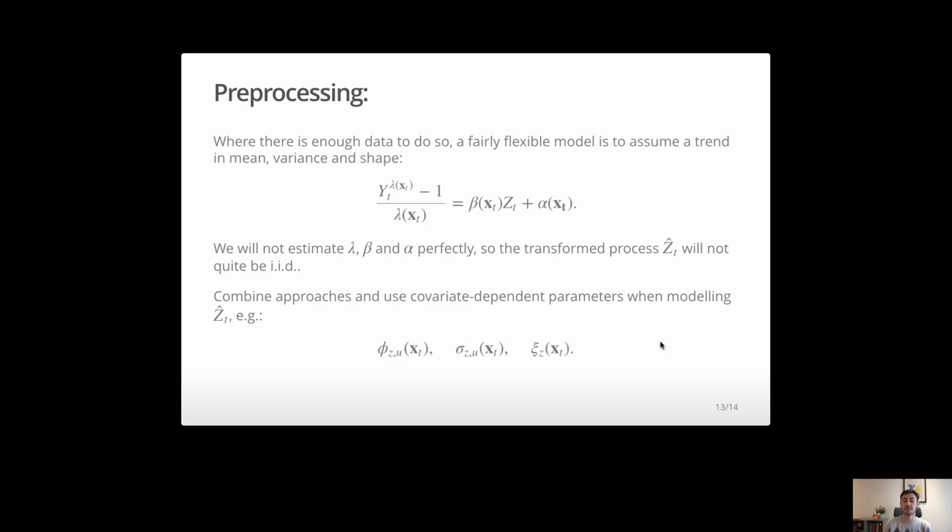Generally, when we're estimating these functions, we're not going to recover them perfectly. And so it's a good idea to try and mop up some of the residual non-identical distribution by combining this with the approach that we saw before. So because our process z hat of t won't quite have identical margins, we can model it where our extreme value parameters still depend on covariates as well.